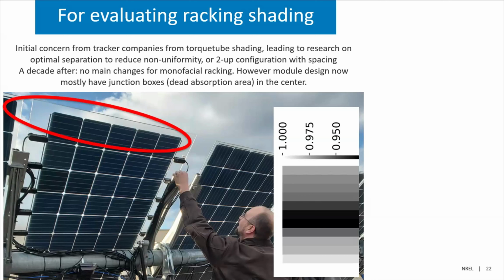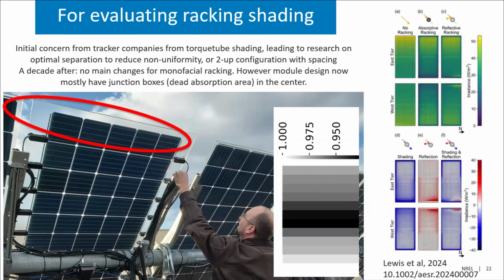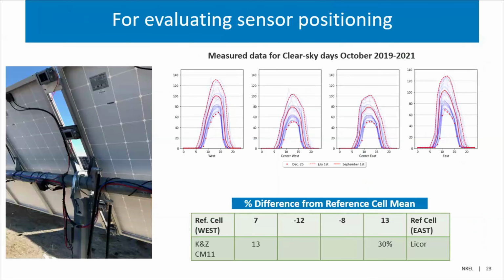There's again very little contribution, but that non-uniformity does not affect the result compared to the front rays. But there's still a lot of research on that. Students are working on it, like models of the torque tube, and how it gives shadow and also reflections. So there's cool stuff there.